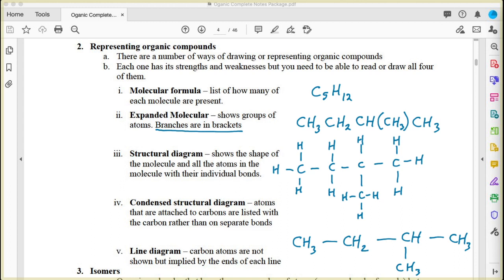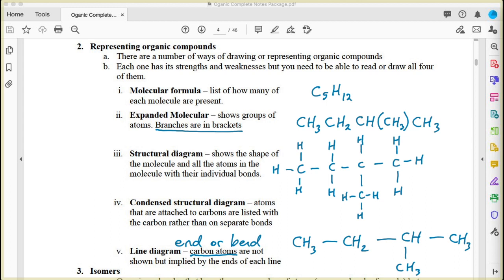Okay, the line diagram is by far the fastest, but it can be the hardest to read and to figure out sometimes. So when you're figuring out line diagrams, I would write next to this somewhere, wherever you've got a little bit of room, that the carbon atoms are every end or bend. So anytime that the line has an end or it has a bend that doesn't tell me something else is there, I'm going to assume that that is a carbon.